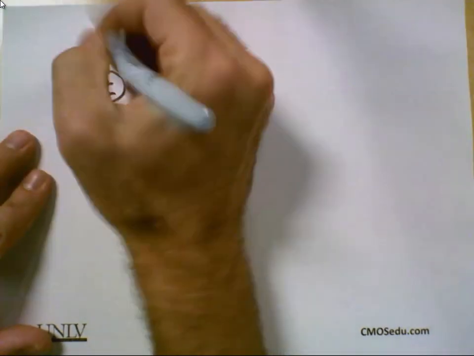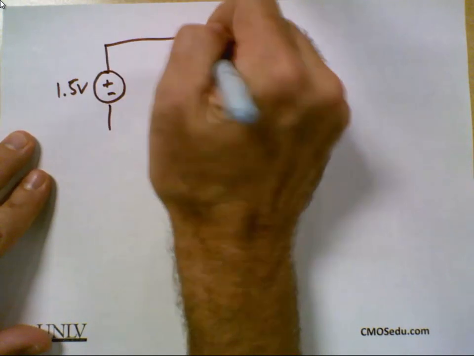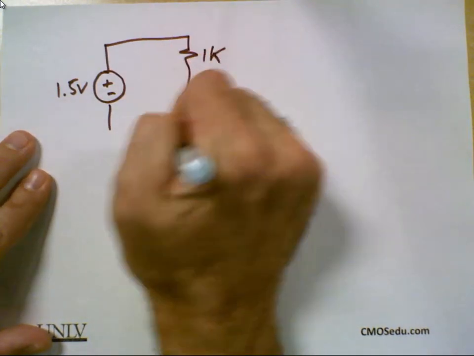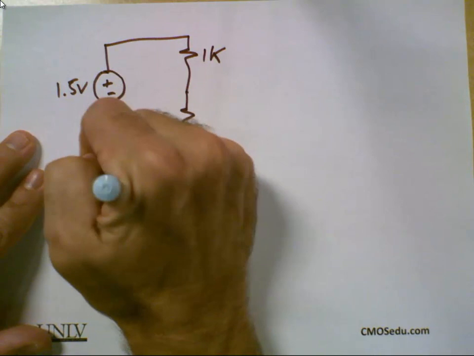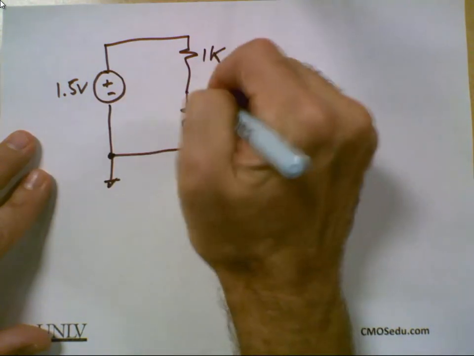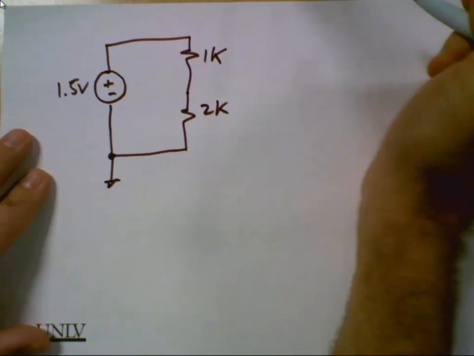So this says, let's pick something different. Let's go with 1.5 volts, 1K, 2K. And what's the units of resistance? Ohms.